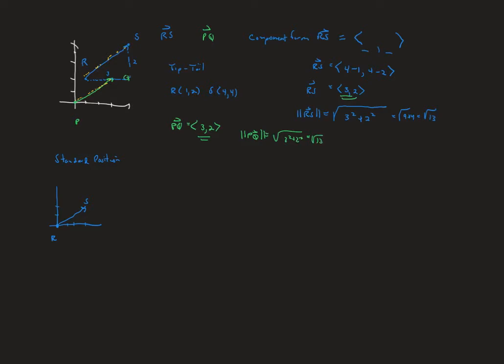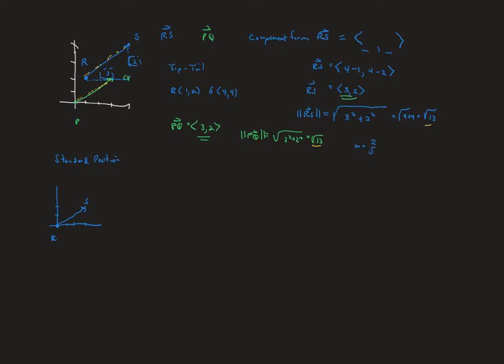So we have shown that they have the same magnitude, and we need to argue that they have the same direction. For today, or at least early on, we'll consider direction just by the slope of the line containing that vector. If we look at our vector RS, we can see that it's going to rise 2 and run 3, so that's going to make the slope be 2/3.